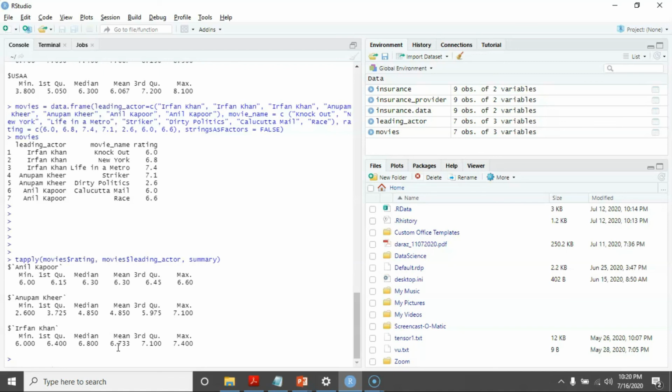Anyhow, we have tried our best to solve three basic problems using three different data sets: one about chicken feed, the second about insurance company data, and the third about movie ratings.